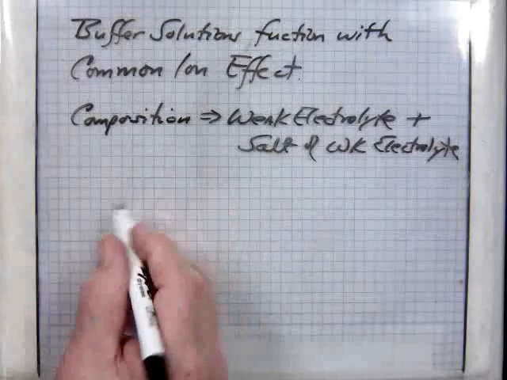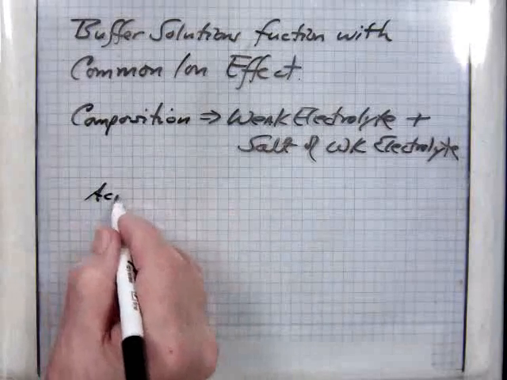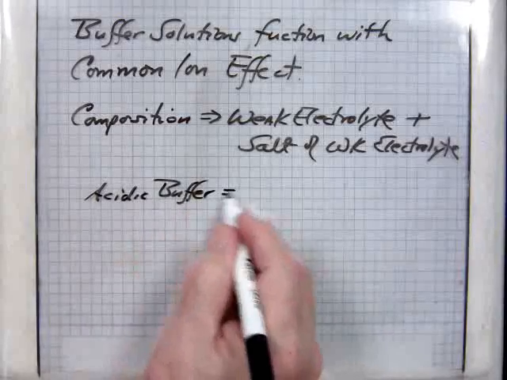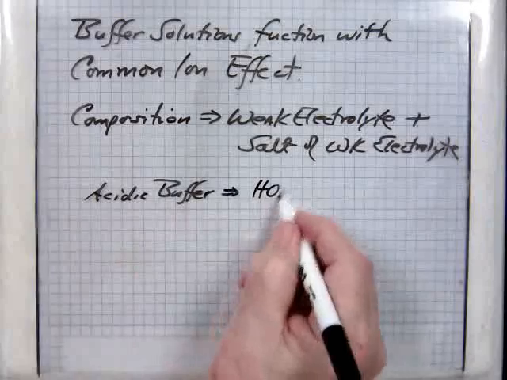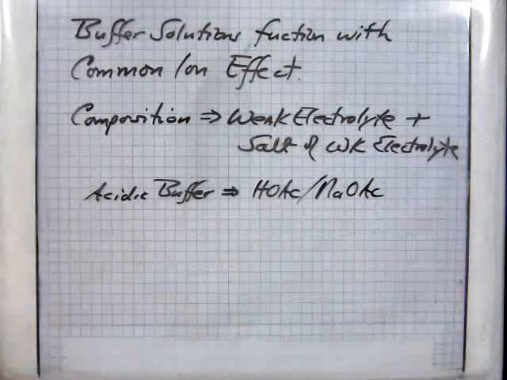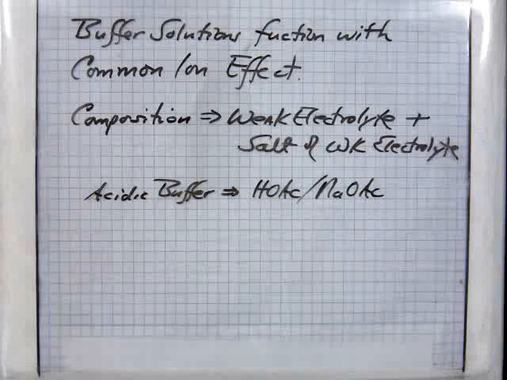For example, if we made an acidic buffer, it might be acetic acid and sodium acetate. So you see it's a weak acid and the salt of that weak acid.